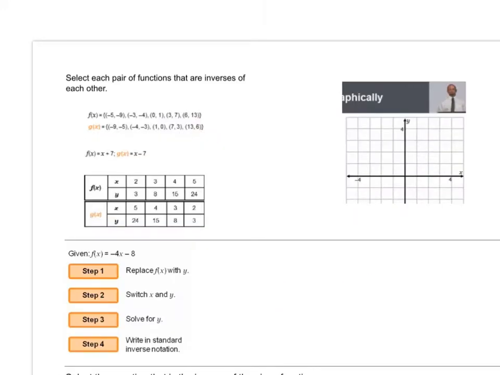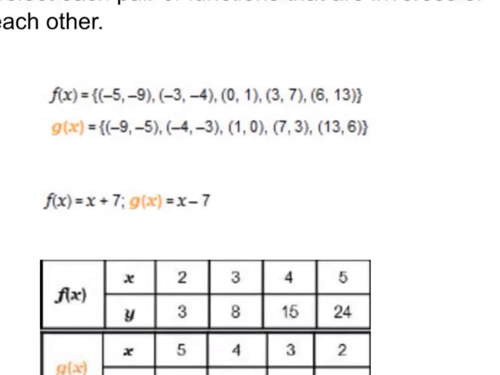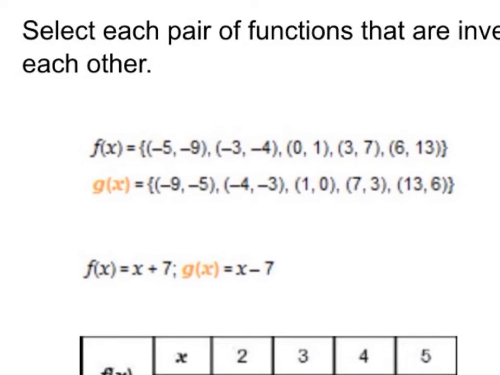On this next page, it's asking us to select each pair of functions that are inverses of each other. So I have these two functions, f and g, as a set of relations or points. I have two functions that are just regular functions, and then I have two functions in table form. What I notice is that I have this point negative 5, negative 9.